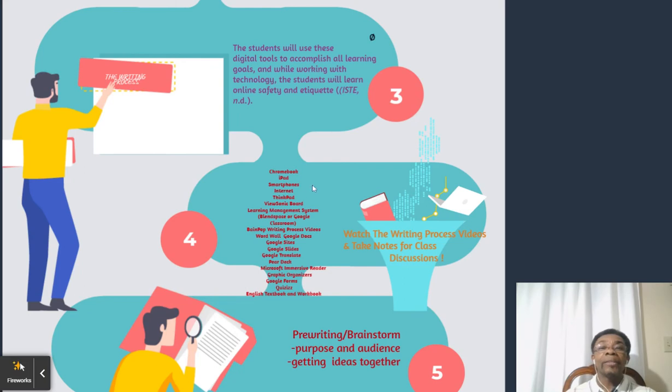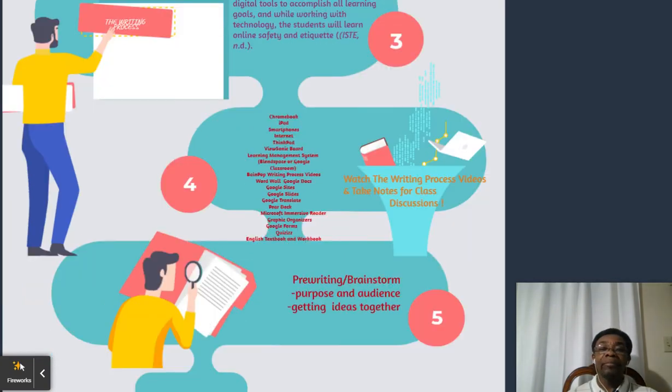Okay. And then the fourth part here, that's the materials that we're going to be using for the unit. Chromebook, iPad, smartphones, internet, ThinkPad, which is for the teacher, the ViewSonic board, our learning management system, which is BlendSpace or Google Classroom, and Google Slides, Google Translate, which I think I mentioned some of them earlier.